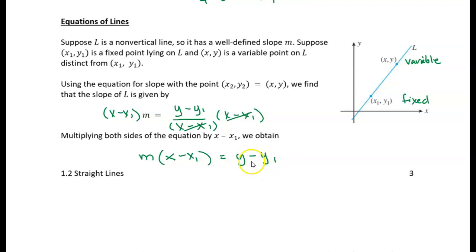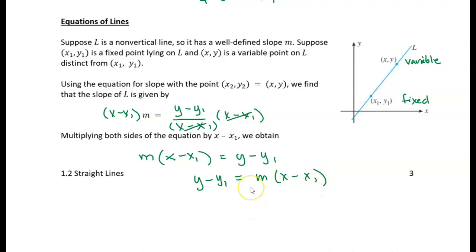Okay. But what I want is some sort of relationship where I can put in x and calculate a y value. So I want to rearrange this and write an equation for y in terms of x. Now I could just switch this around, right? This is the same thing as y minus y1 is equal to m times x minus x1.